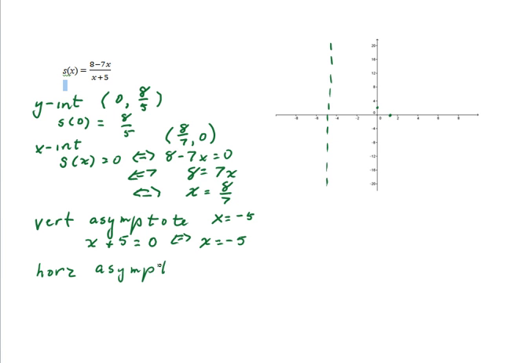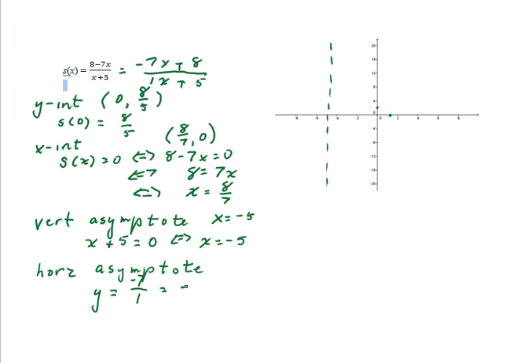The horizontal asymptote is found by first looking at the degrees of the numerator and the denominator. This time the degrees are the same. I can rewrite it as (-7x plus 8) over (1x plus 5). So y would equal the leading coefficient of the numerator, which is -7, divided by 1, which is the leading coefficient of the denominator.